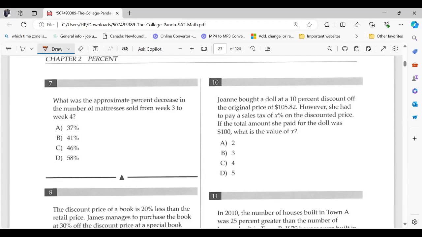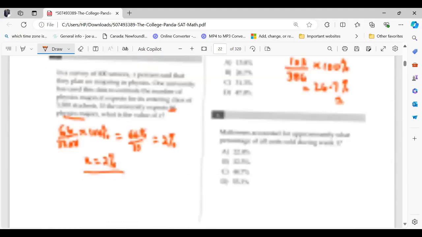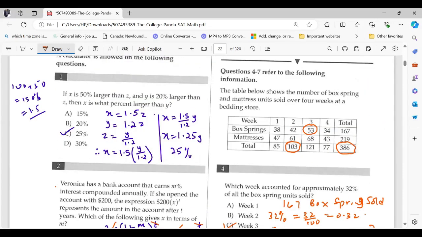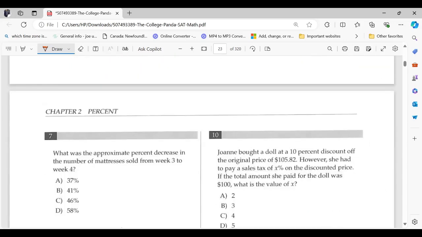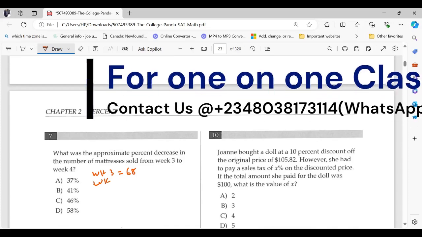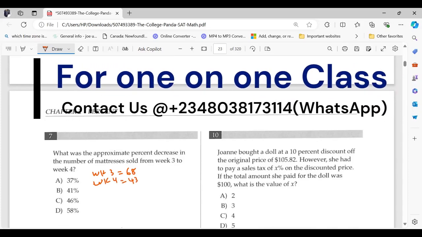Now, still on that table, what was the approximate percent decrease in the number of mattresses sold from week 3 to week 4? Let's look at week 3 and week 4. For mattresses, week 3 we have 68, week 4, 43.